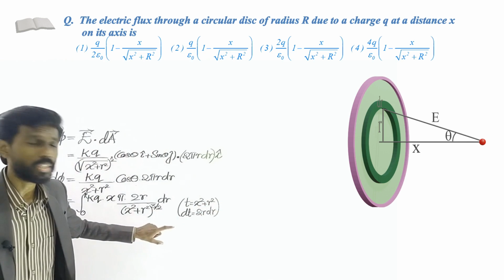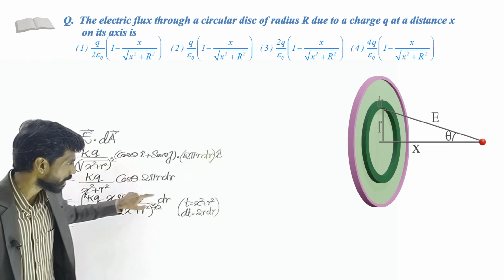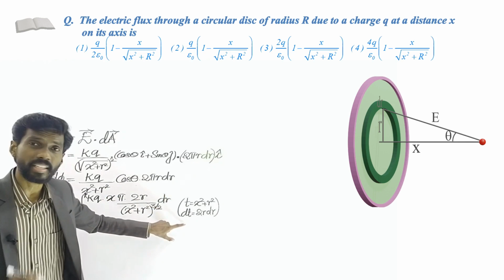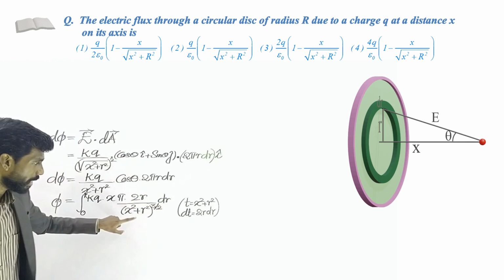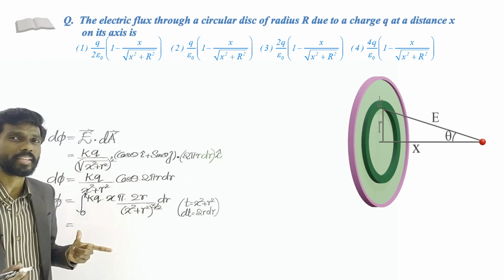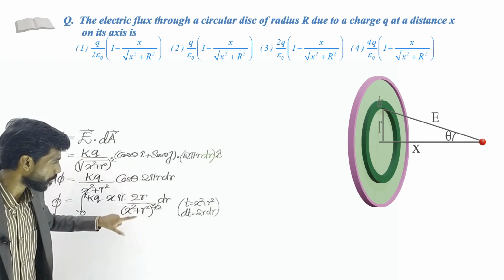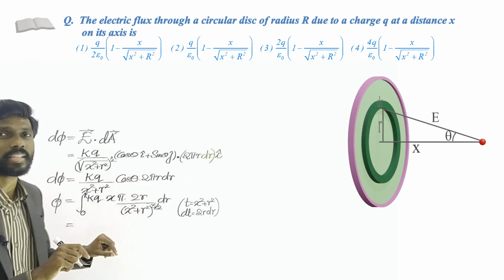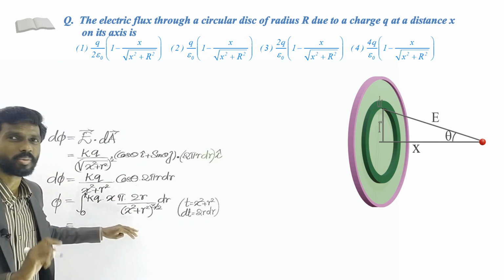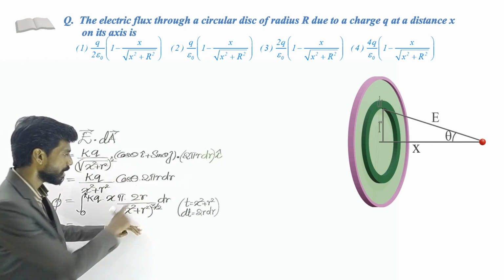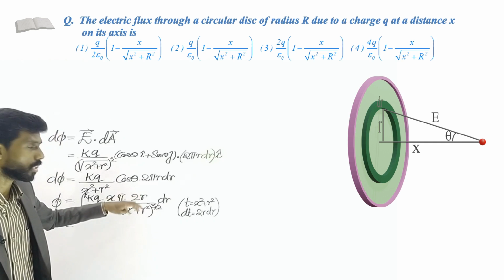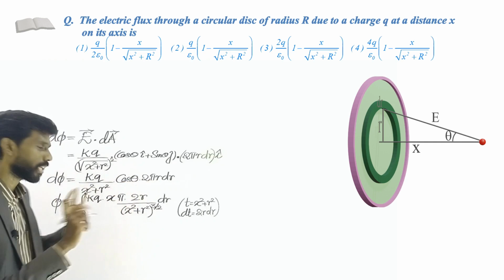So if you do the substitution here, 2r dr is already there, which can be written as dt. So dt divided by t to the power 3 by 2. So that is simple integration, right? I'm not doing that integration, I will write the value directly. We can write it as t to the power minus 3 by 2 and do the integration. We'll get the answer.